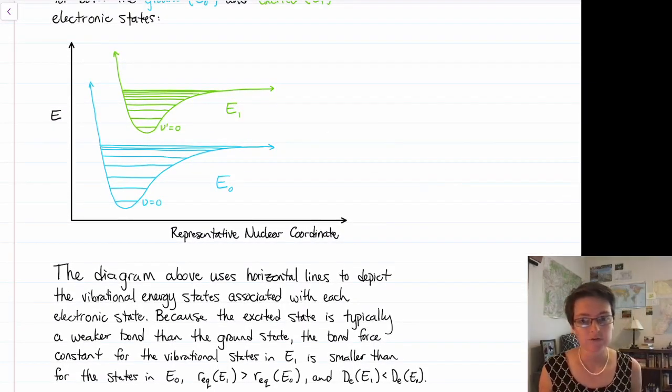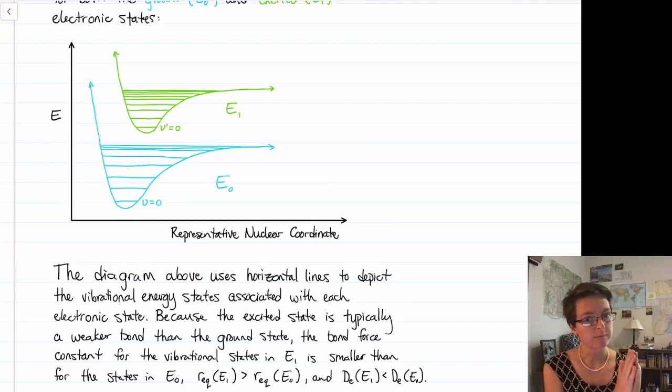So the diagram above is combining information about the electronic states available to the system with the vibrational states associated with each electronic state. And so all of our horizontal lines in the diagram refer to what vibrational states are possible. And you'll notice that, again, I'm using my prime notation to try and depict the difference between the ground electronic state's vibrational states and what's happening in the excited electronic state. So because the excited state is typically a weaker bond than the ground state, we'll see that the vibrationally excited states in our electronic excited state have smaller bond force constants.